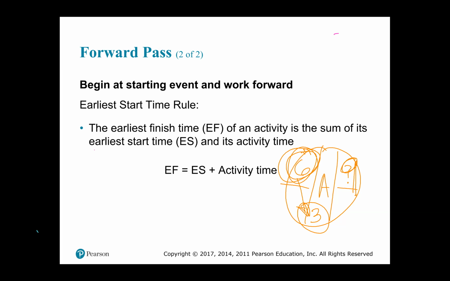So again, the rule says the early finish time of an activity is the early start time of the activity plus the activity time, right? Let me give you a second to think about that before I move on to the next page.